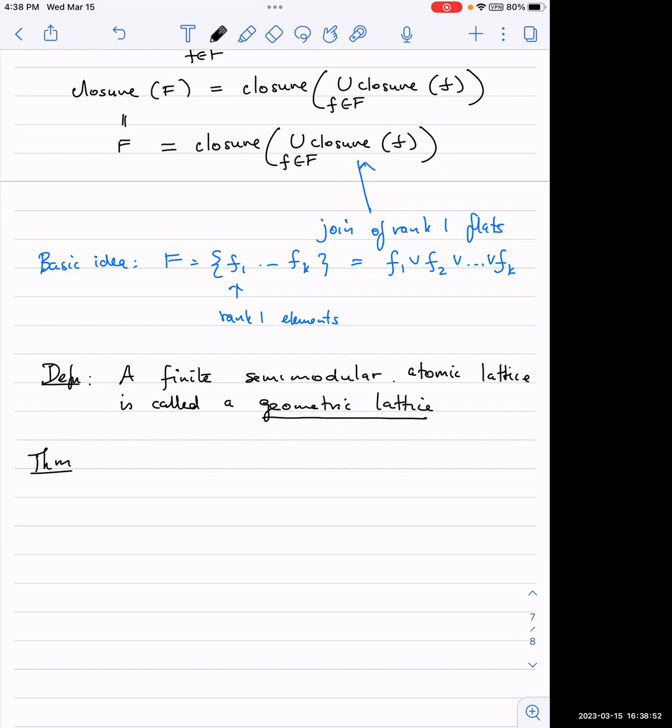Yeah, so we did one direction. So this would be theorem 17. A lattice is geometric if and only if it is the lattice of flats of a matroid.